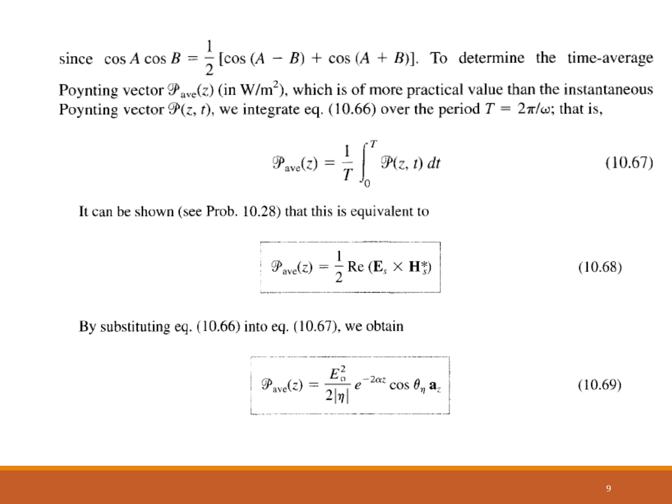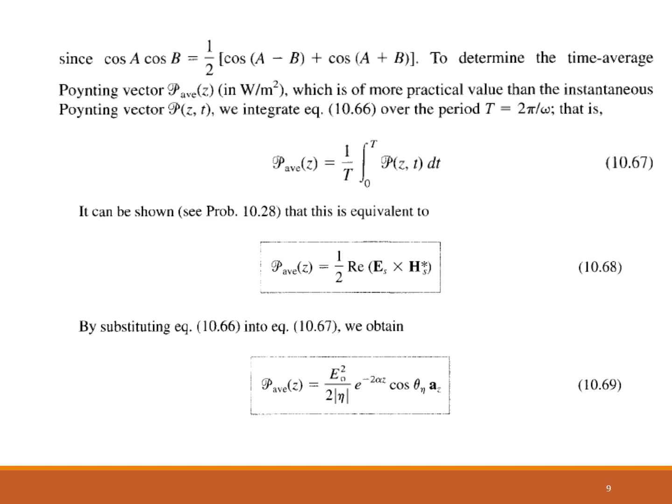All these equations about the Poynting vector are from chapter 9, and the unsolved problem at the back of chapter 9 is problem 9.44. Please note, problem 9.44. That problem gives you the derivation of how the time average Poynting vector can be equated to 1 by 2 real part of E_s cross H_s star. I request you to please go through that solution and understand it.